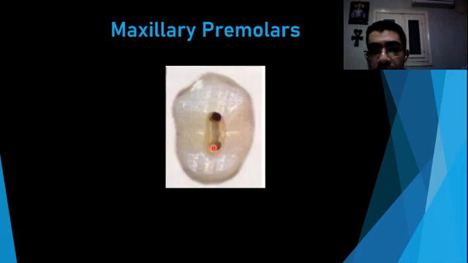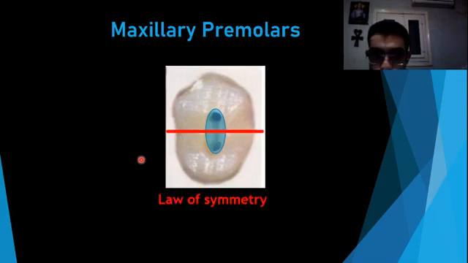Some maxillary premolars have three canals, and we will discuss this point later on in the presentation. But in most cases we have two canals, and the access outline is nearly oval, and here we can apply the rule or the law of symmetry.